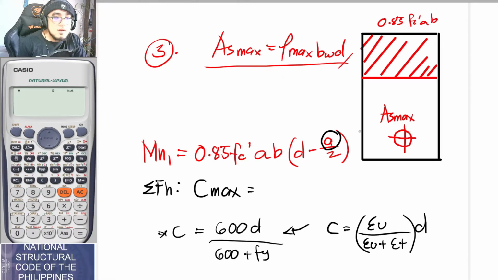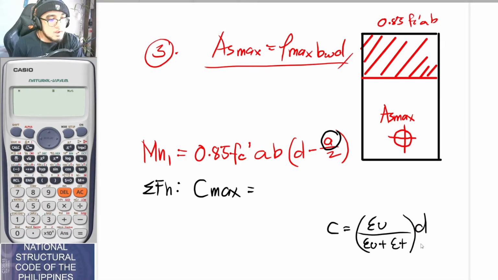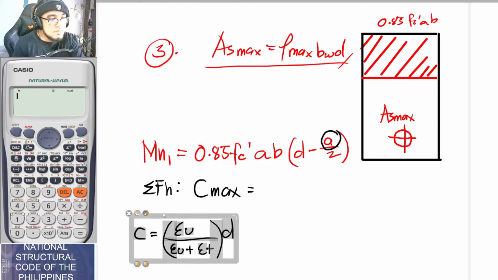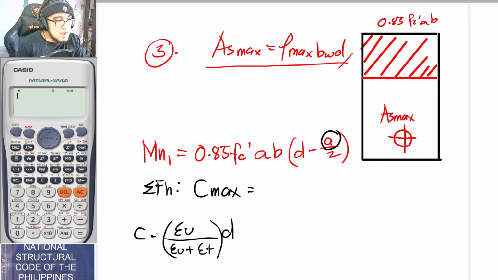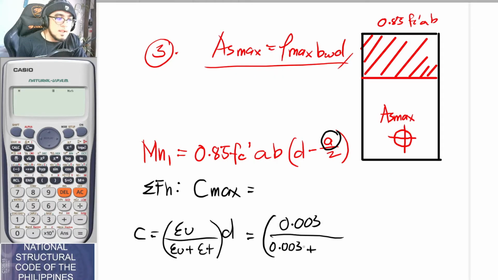And if we would be substituting all known values, so I will just be erasing this, by the way. Oops, sorry. So once again, your strain u is to be equal to 0.003, so 0.003 divided by 0.003 plus strain t.